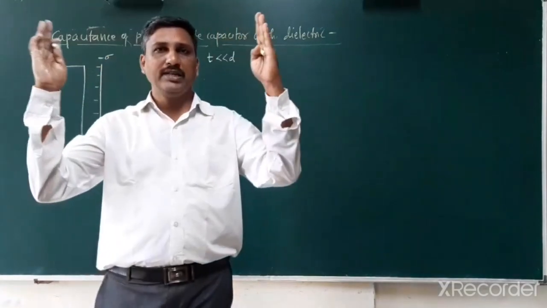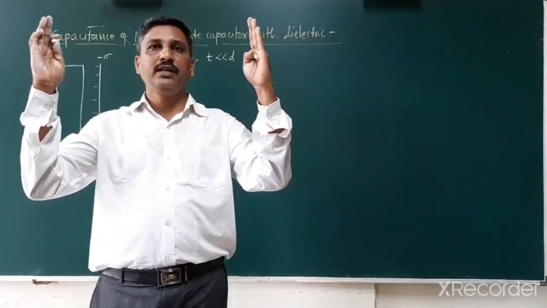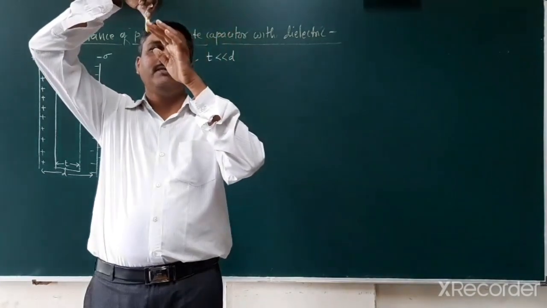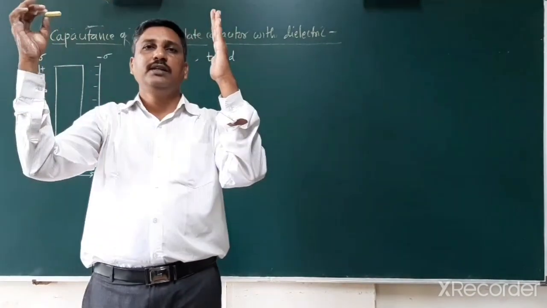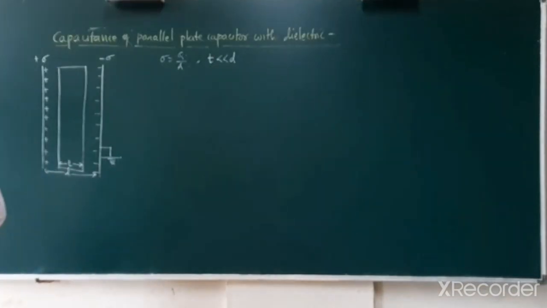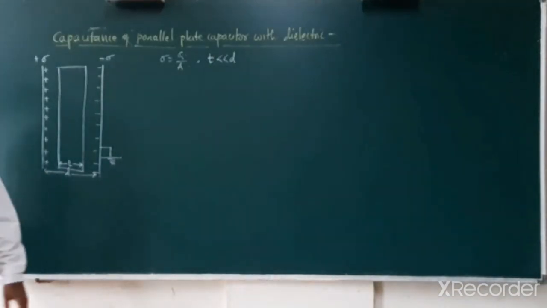The two plates are at a distance D, then the slab is introduced, whose thickness is very small compared to the distance between the plates. Now we have to study one by one and clear this point.